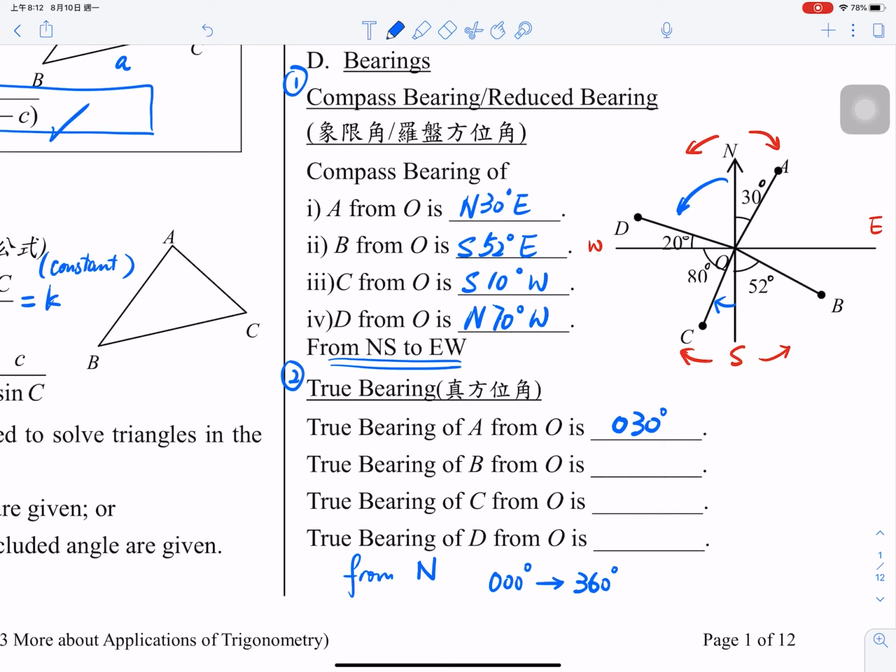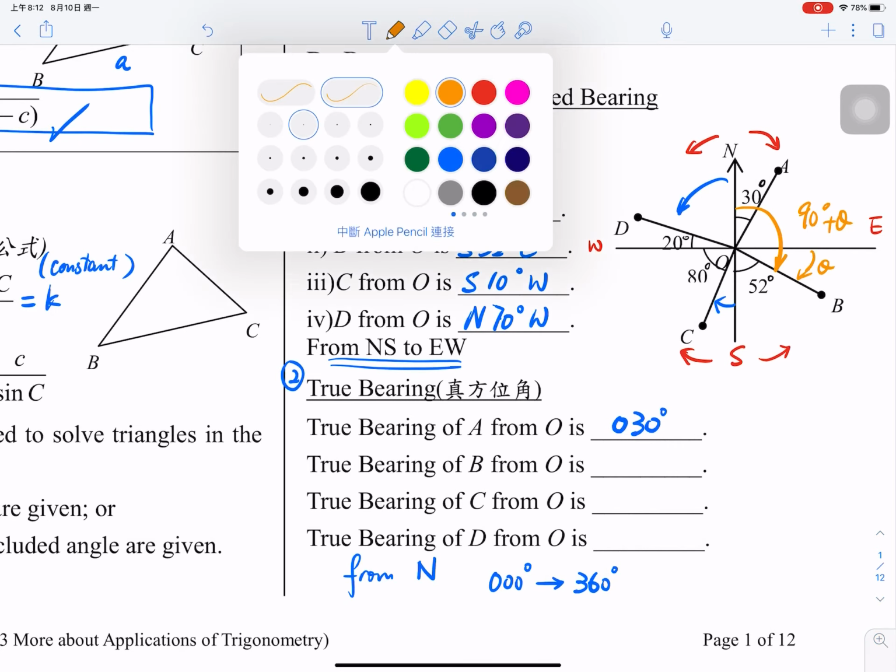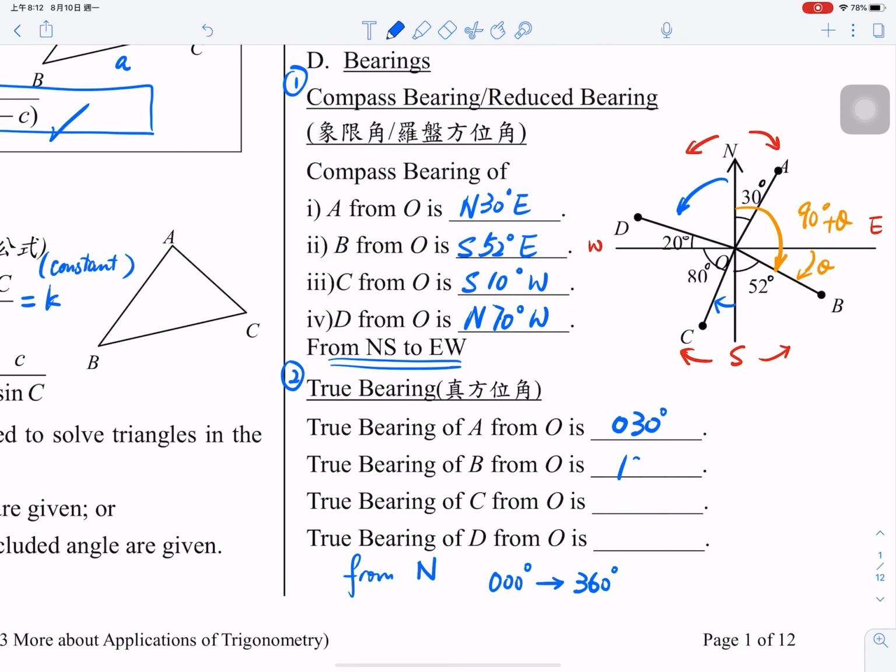How about B? That means after 90 degrees, okay, maybe I use another color. Here, 90 degrees plus this angle. That means the answer is 128 degrees, because this time theta equals 38, right?